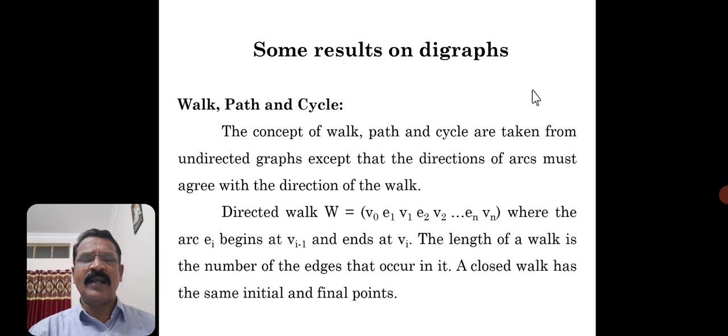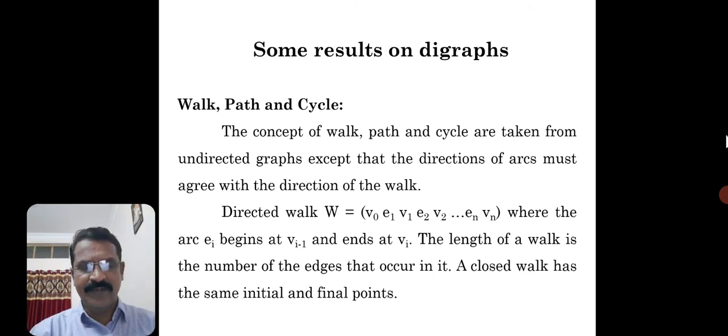The concepts of walk, path and cycle are taken from undirected graphs, except that the directions of arcs must agree with the direction of the walk. Similarly, the directed walk is an alternating sequence of vertices and edges, isn't it?